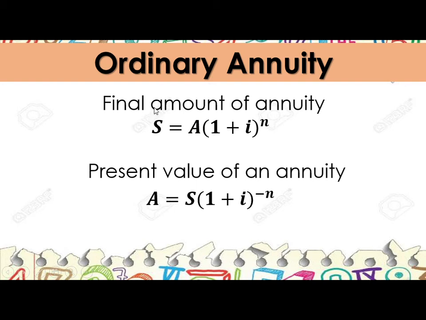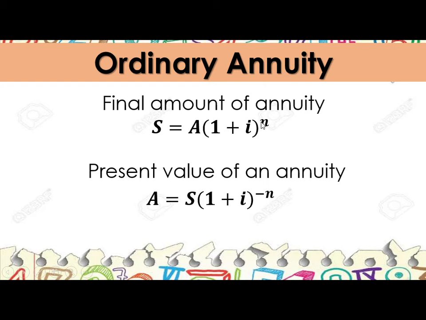Same scenario, only the variables are different, wherein your I is equal to the rate of interest, or the nominal rate of interest, all over the frequency of conversion you have. And your N is as is; you have to multiply the frequency of conversion times the time you have.